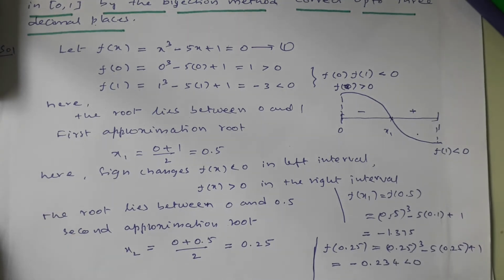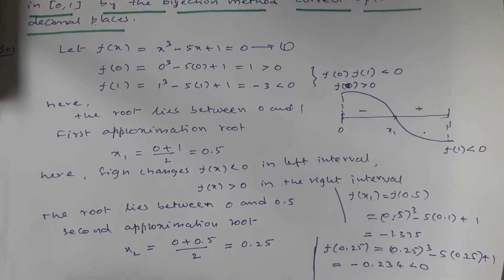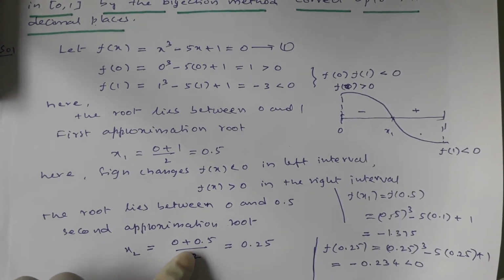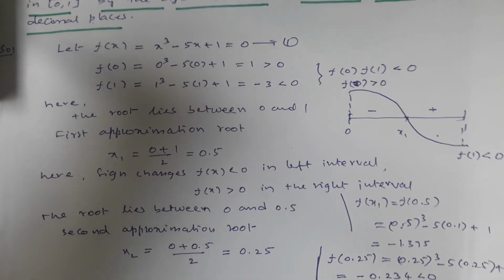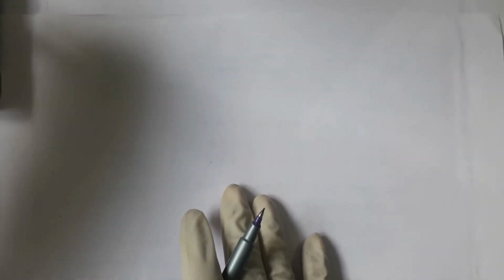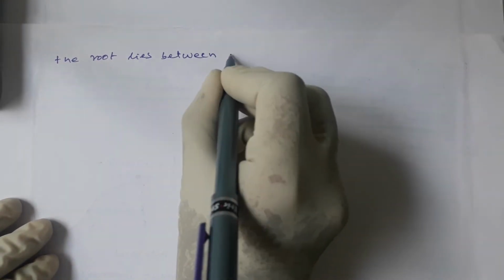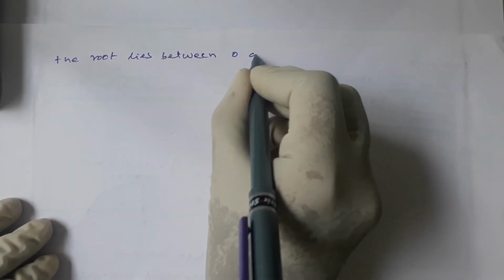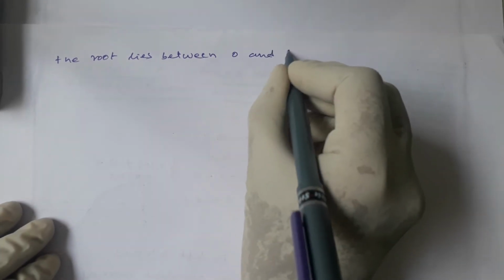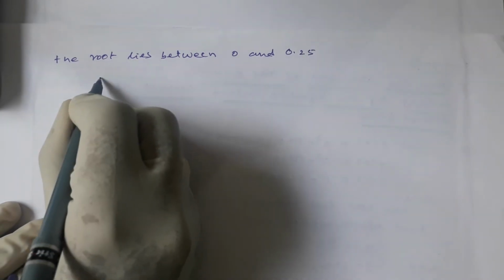So again, as 0.25 is in the middle, the root lies to the left side, between 0 and 0.25.